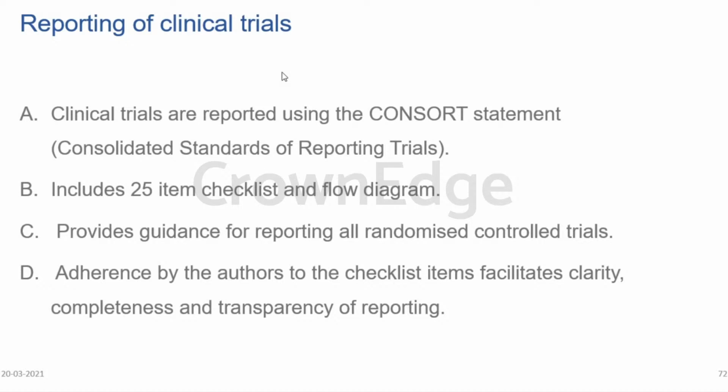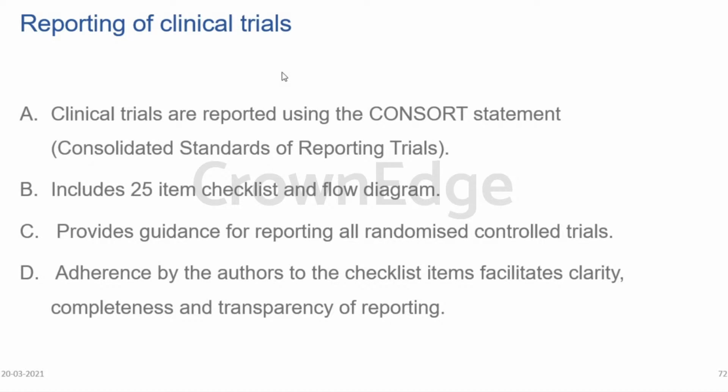Now, how do you report clinical trials? Randomized control trials are very specific in the way they are reported: when you are publishing your data, what checklist should it follow, what kind of information should be revealed, and what things you can skip.